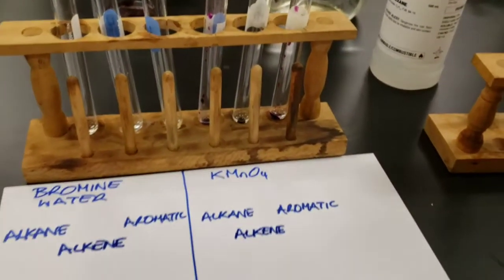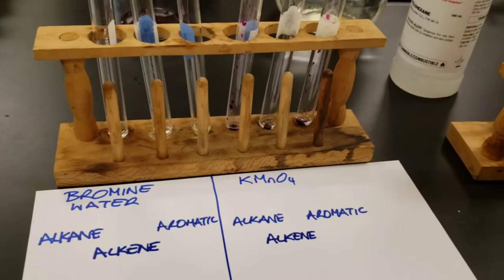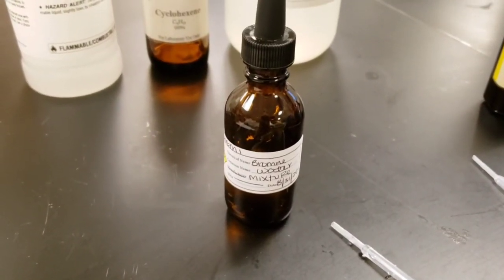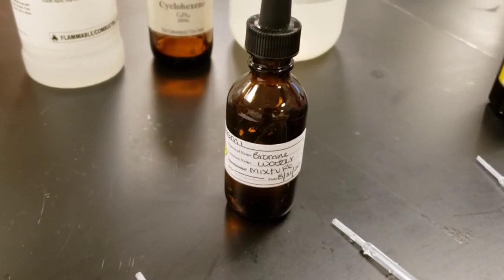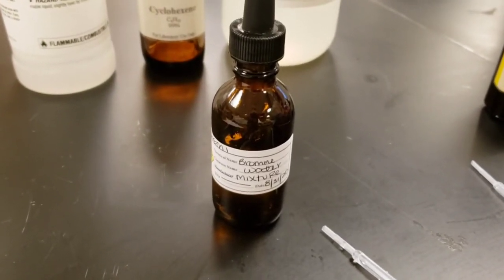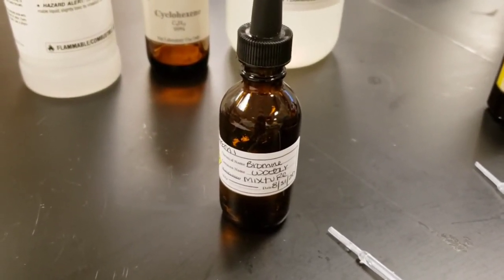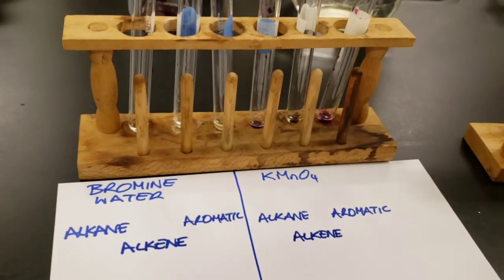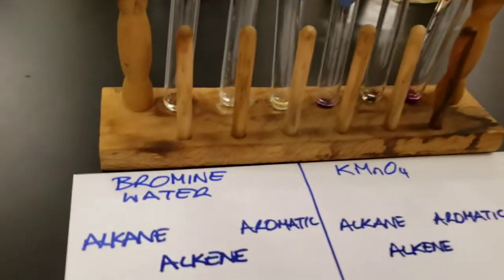Give those a little shake and wait a couple of minutes. Next, we'll do the same thing. We'll add just a couple of drops of bromine water to the small number of drops of hydrocarbon that is in each test tube. Let's look at the outcome of this first battery of tests.